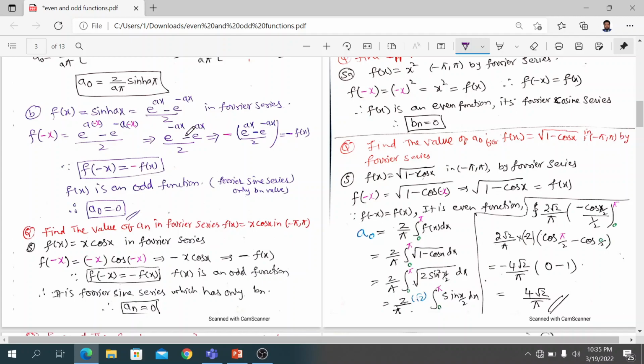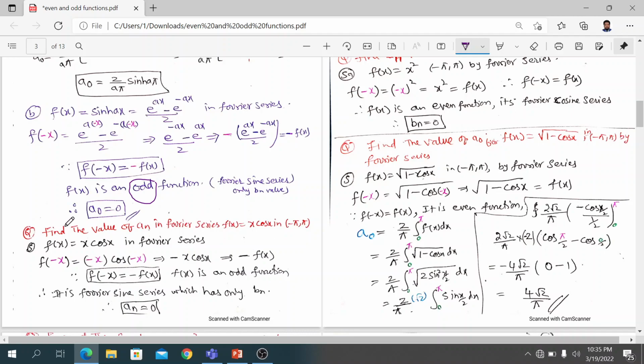Take minus common, so this value goes first and this one second. This is nothing but sin ax. So minus of f of x, it means it is an odd function, and an odd function is a Fourier sine series where we have only the bn value. It means a naught will be 0.